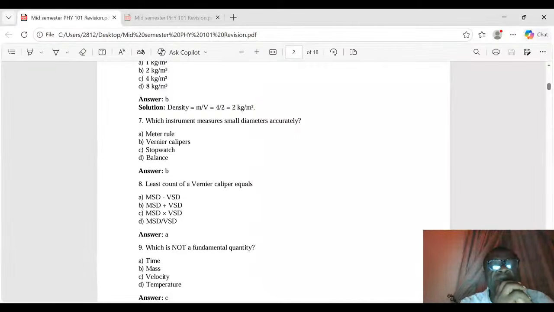And the answer is vernier caliper. It measures both the internal and the external diameters, like the diameter of a bottle. You can measure both the internal and external diameter, like the beakers in the laboratory. We can use vernier caliper to measure the internal or external diameters accurately. So the answer is B.